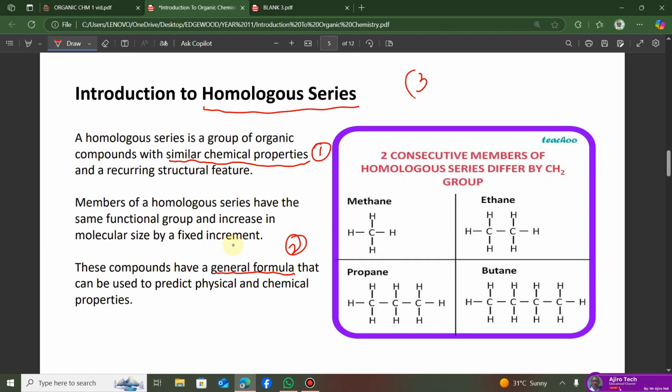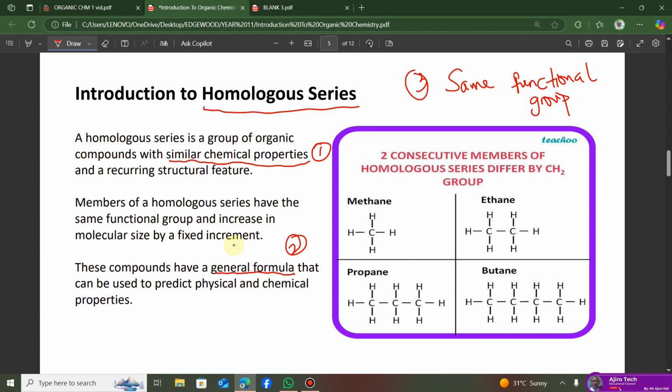Point number three is that they have the same functional group. I'm going to look at what functional group simply means. Functional group is simply an identifier of a particular family. It's simply an atom or a group of atoms that is responsible for the chemical properties of that family.